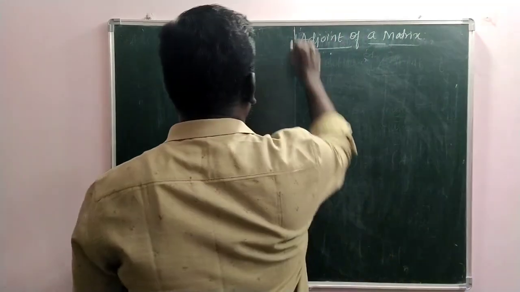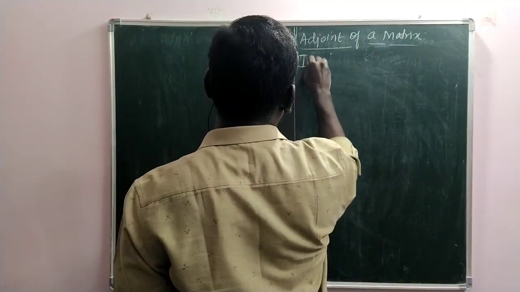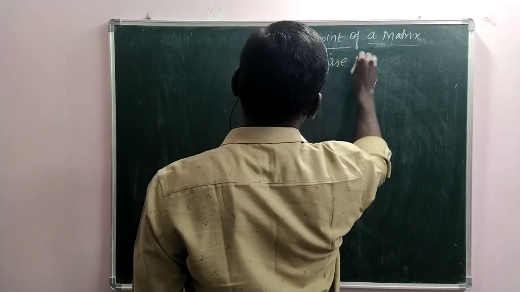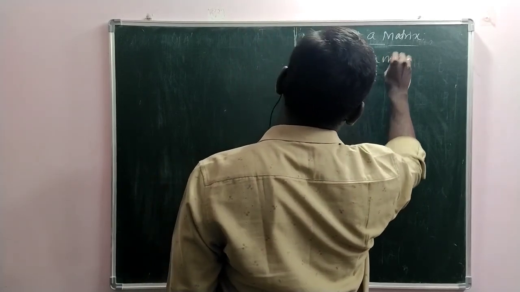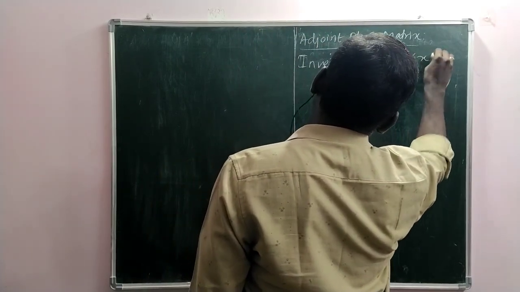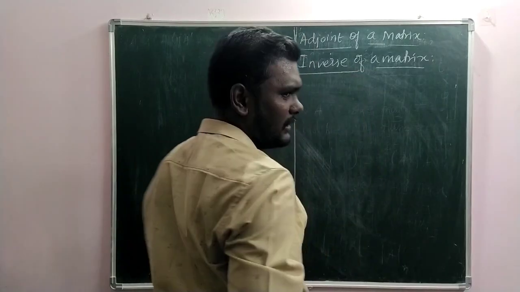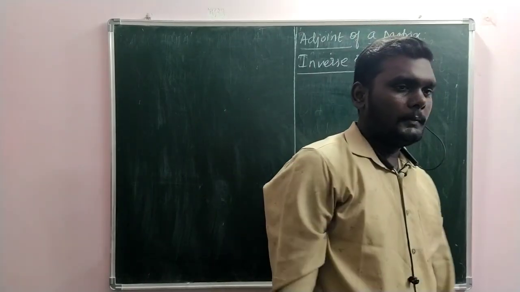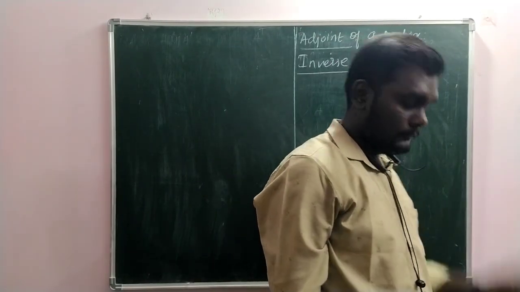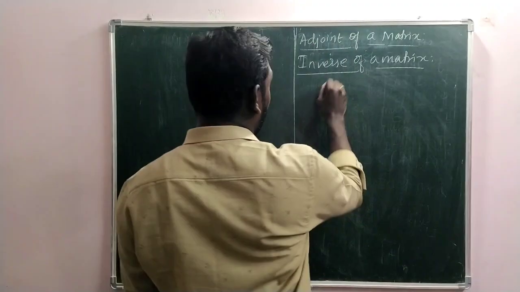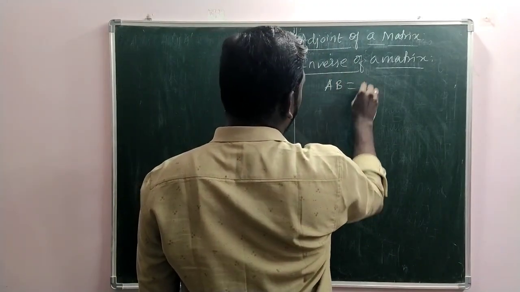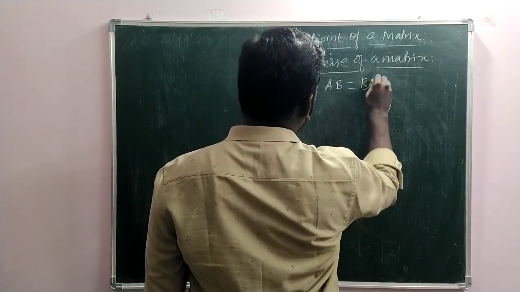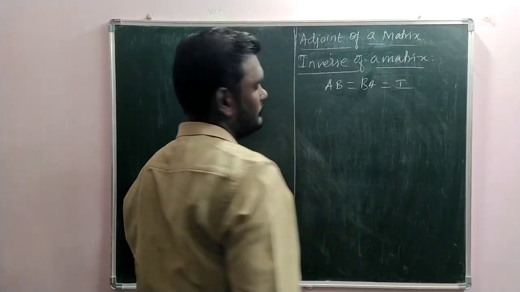Now inverse of a matrix. I gave you the definition, right? Did I give you the definition or not? Okay. The definition is correct only, but I got confused. See, it is AB is equal to BA is equal to identity matrix.